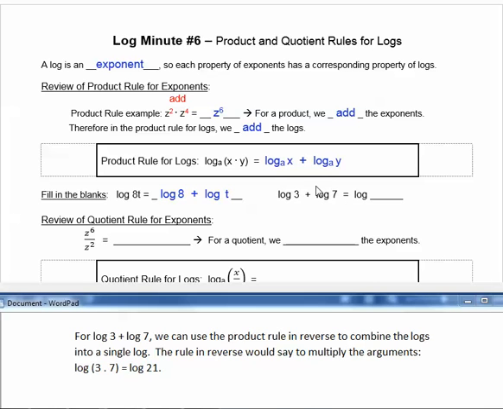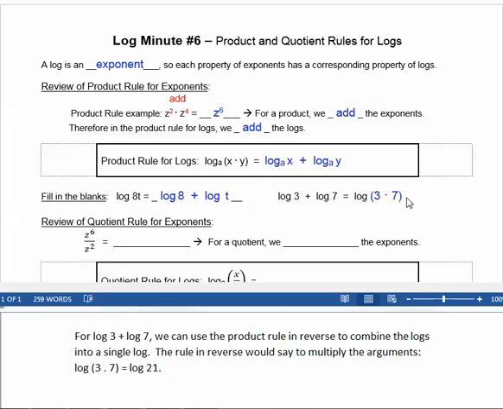For log 3 plus log 7, we can use the product rule in reverse, to combine the logs into a single log. The rule in reverse would say, to put these together, we need to multiply the arguments. That's the 3 and the 7. So multiply 3 times 7 to combine this into the log of 3 times 7, which equals log of 21.